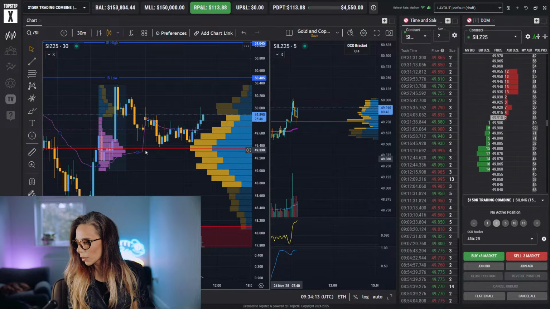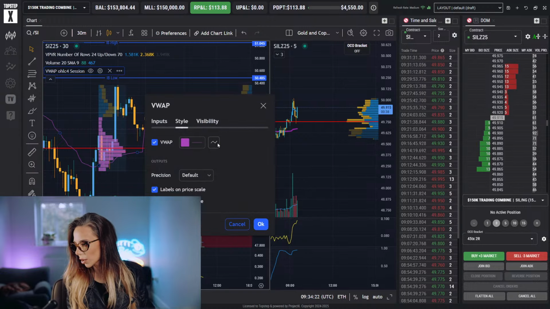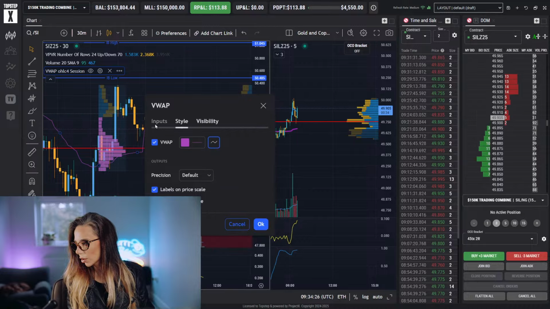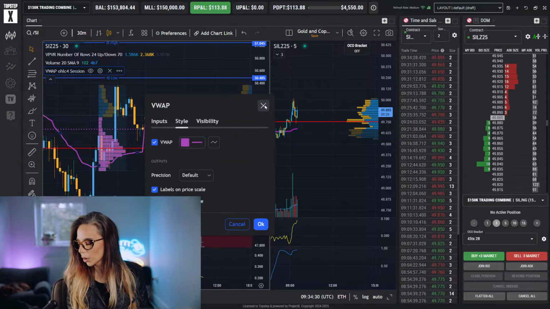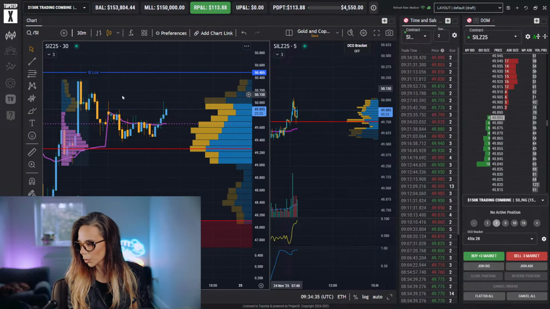Now, why is this VWAP so thin? That is the question. It is thin. Let's just make that a bit stronger. Here we go. So I always have Globex VWAP on there as a reference point.